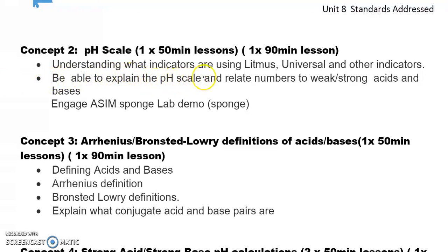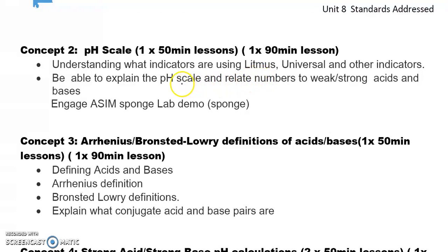So you can see that the Litmus Indicator is the basic one, where you have turning red for acid, blue for base, and there's a little thing on the PowerPoint too which will help students understand that.